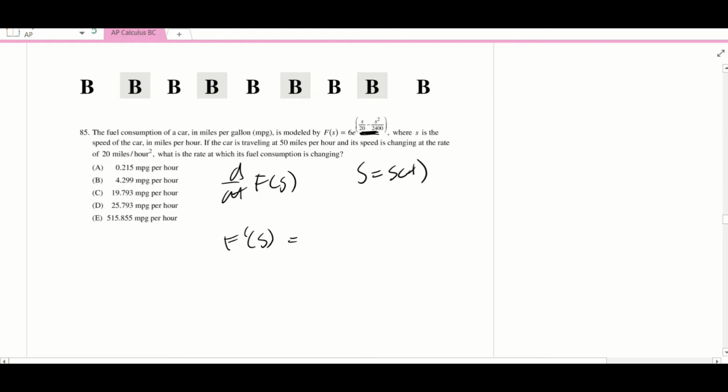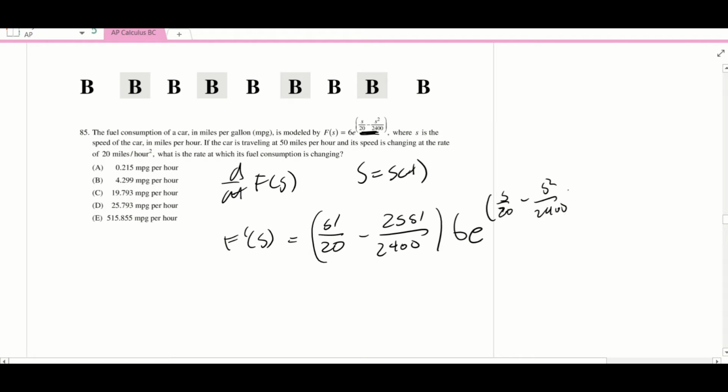Remembering that s is a function of t, we have s prime over 20 minus 2s s prime over 2400 times 6e to the power of s over 20 minus s squared over 2400, right?